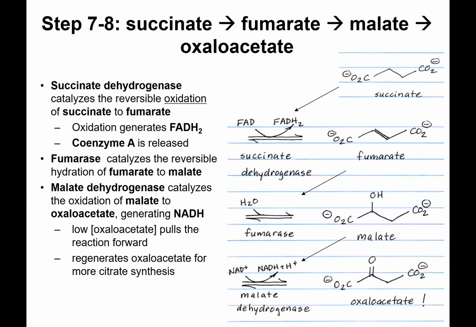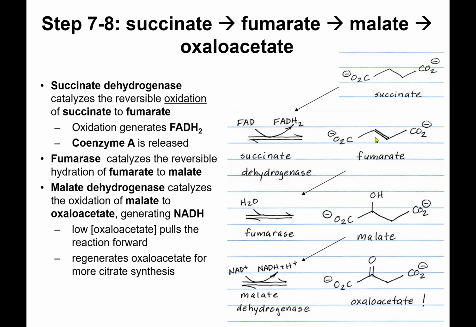So we can wrap this up by going through steps 7 through 8, which is succinate to fumarate, fumarate to malate, back to oxaloacetate. And this is a series of reactions, 2 of which are dehydrogenations. And whenever you see dehydrogenation, of course, I've said this before, we're talking about a redox reaction. We're removing hydrogens and forming double bonds.